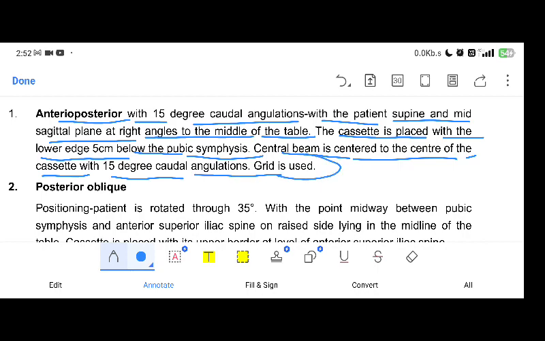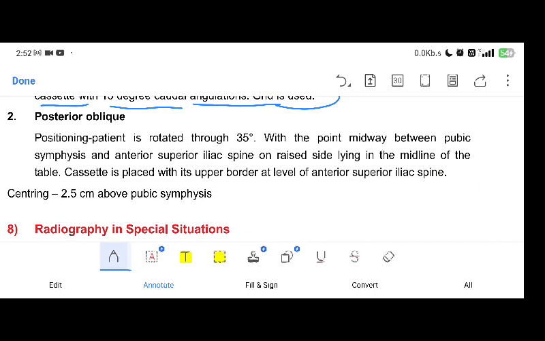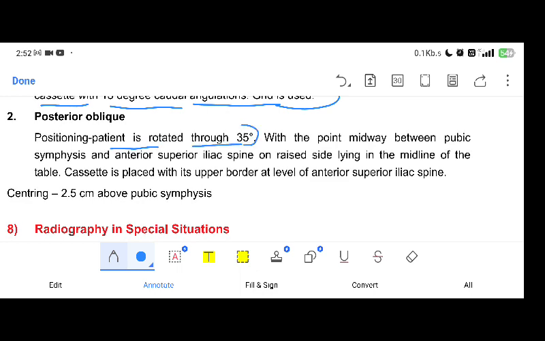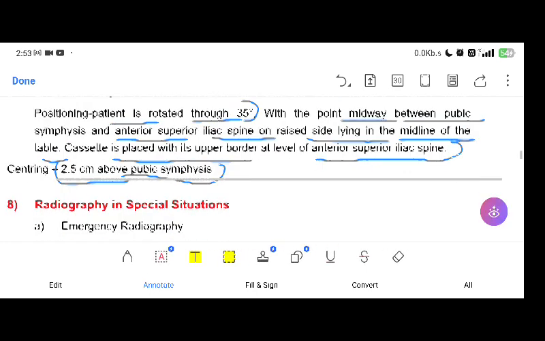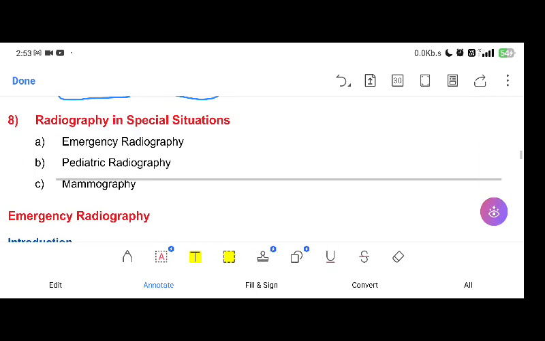A grid is used. For posterior oblique positioning, the patient is rotated through 35 degrees, with the point midway between the pubic symphysis and anterior superior iliac spine on the raised side lying on the midline of the table. The cassette is placed with its upper border at the level of the anterior superior iliac spine, and centering will be at 2.5 centimeter above the pubic symphysis.